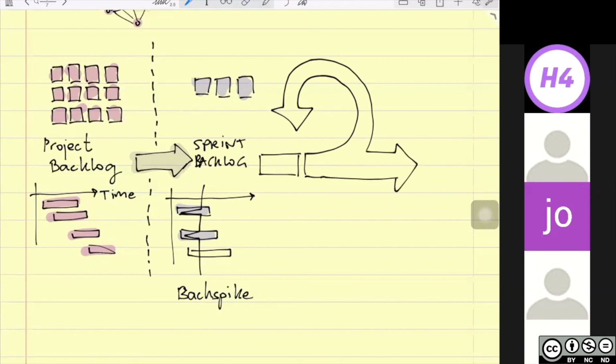Okay, and this is called the iteration loop. The iteration loop, and it's called sprint. It takes 2 to 4 weeks.